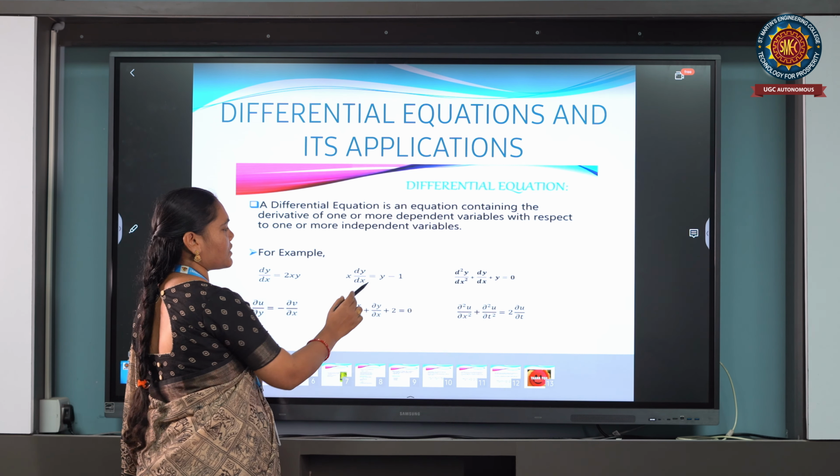Alpha is the thermal diffusivity; it is sufficient to consider the case alpha = 1. This is a heat equation: ∂u(x,y,z,t)/∂t = alpha (∂²u/∂x² + ∂²u/∂y² + ∂²u/∂z²). This is also one of the applications.